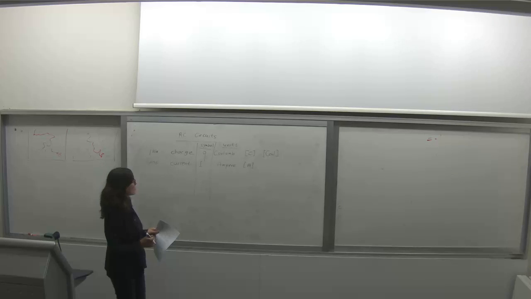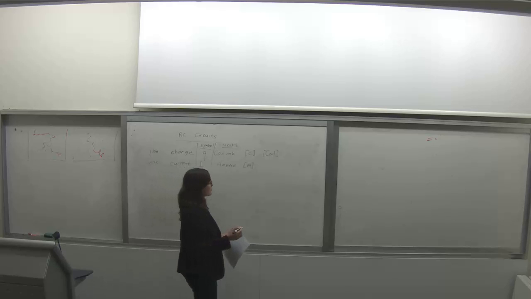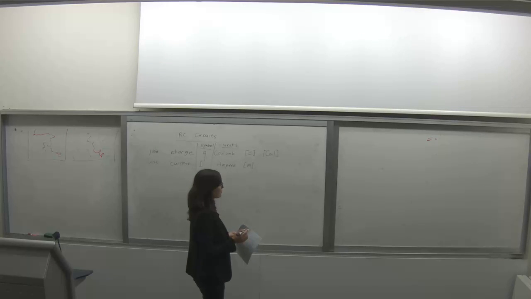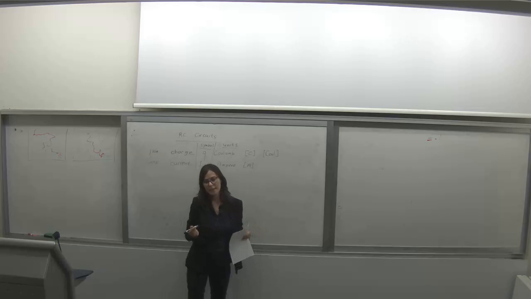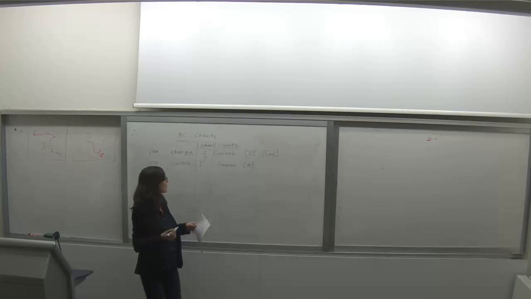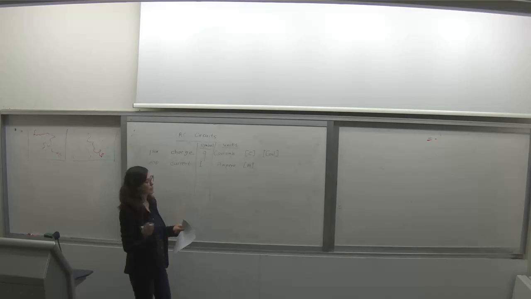Okay? So basically what I just told you is that the change in charge is the current. Okay? Now the amount of charge that is flowing through this section doesn't have to be constant in time.